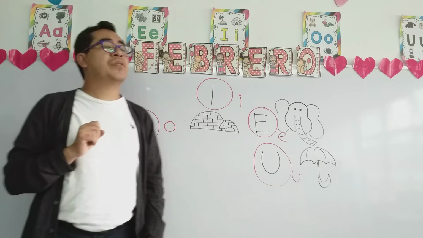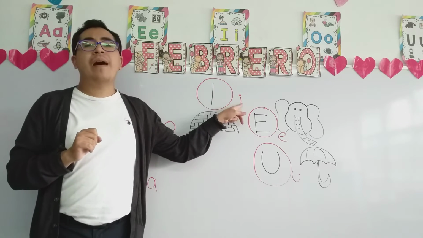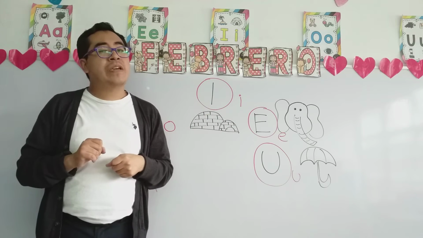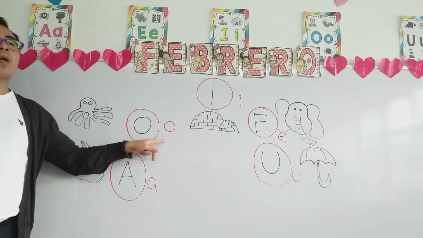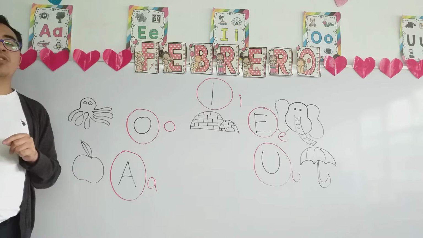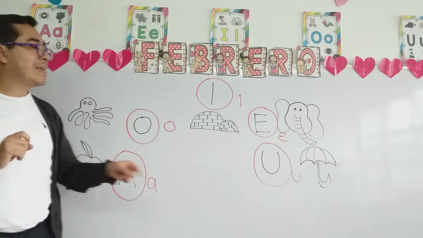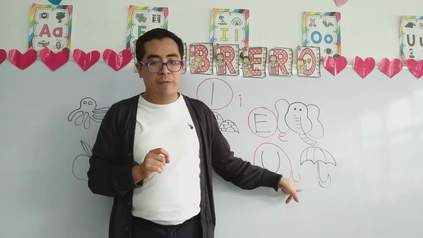After this, we continue with capital I, small i. After this, we continue with capital O, small o. And the last vowel that we're going to study in Kinder 1 is capital U and small u.